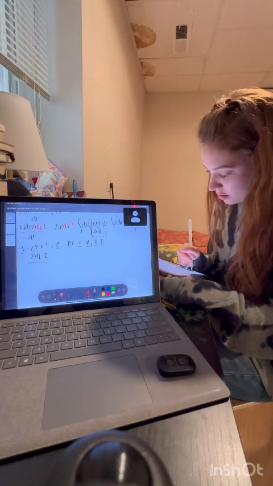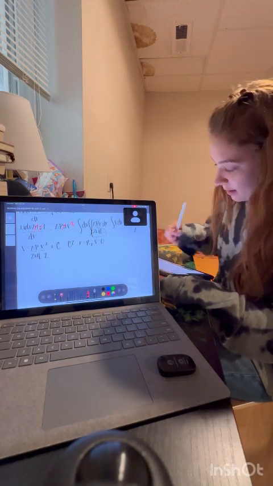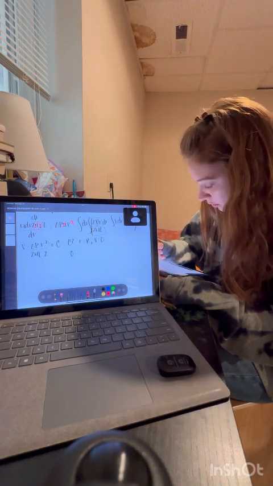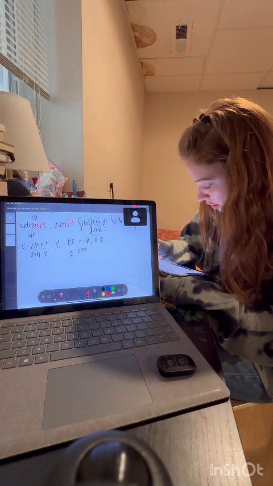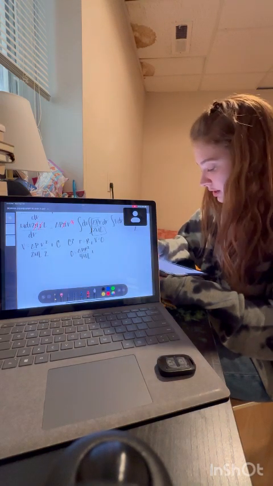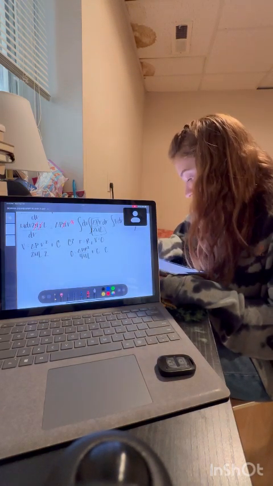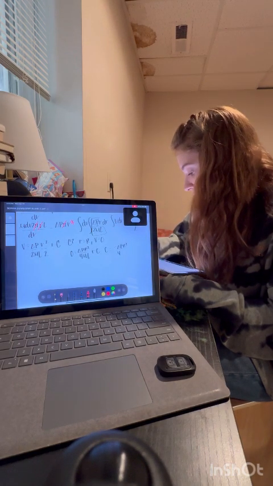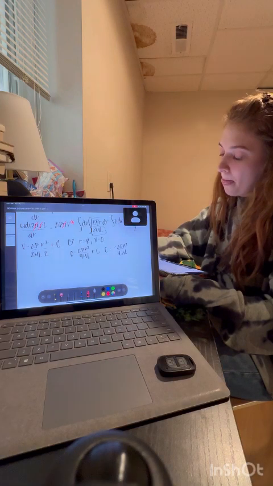That looks like 0 equals change in P R squared over 4 mu L plus c. Solving for c, you get negative change in pressure R squared over 4 mu L.